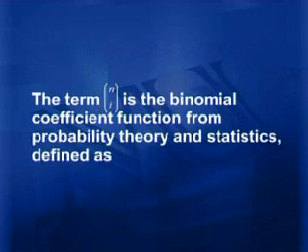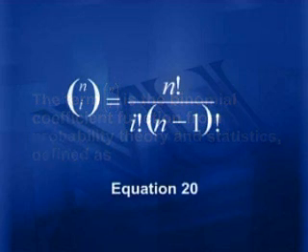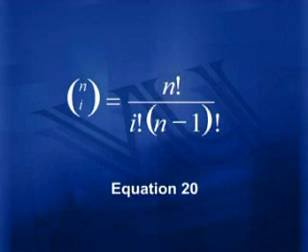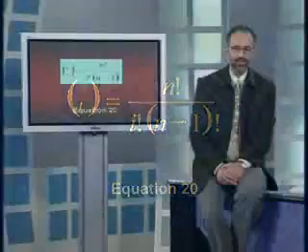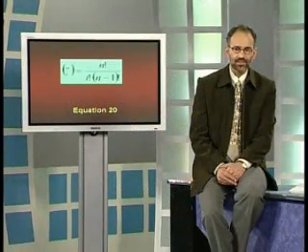The term (n choose i) is the binomial coefficient function from probability theory and statistics, defined as n factorial over i factorial times n minus i factorial. You are familiar with the concept of factorial, right? So this (n choose i) can be replaced with n factorial over i factorial times n minus i factorial.